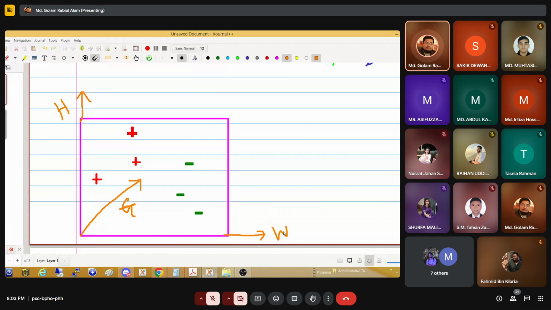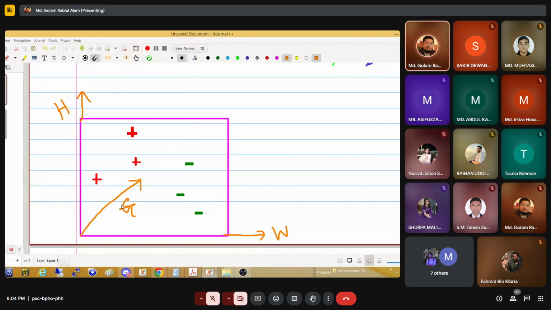Not only the weight and height, we also consider the gender to find out the people with obesity and people with no obesity. So now we have three-dimensional data points. Each and every data point has 3 dimensions: X, Y, and Z.